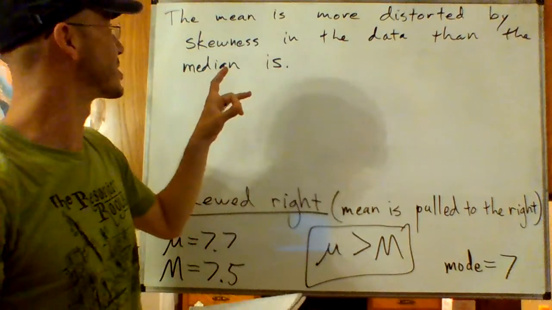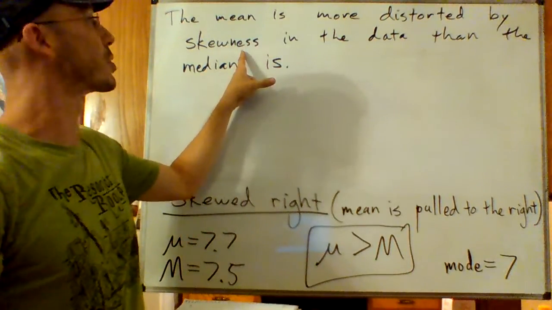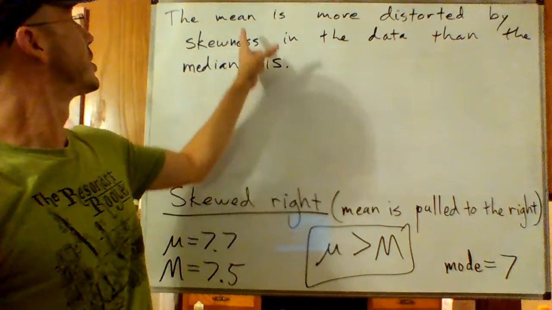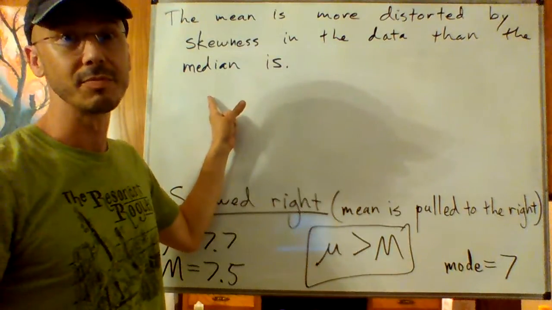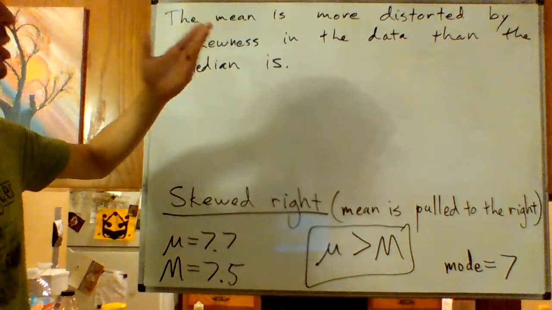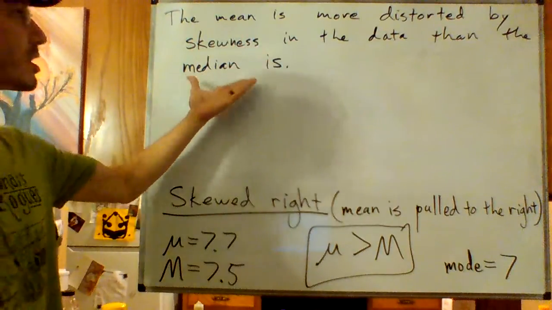There's other ways to say this. Skewness distorts the mean more than the median. Or the mean is more distorted by skewness in the data than the median is.